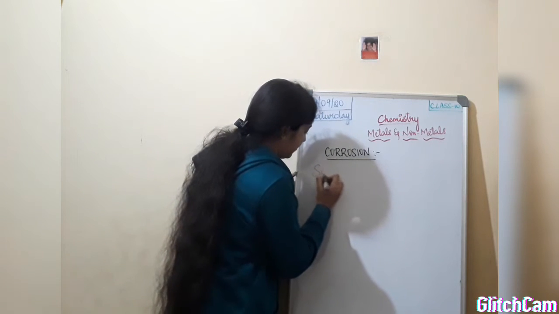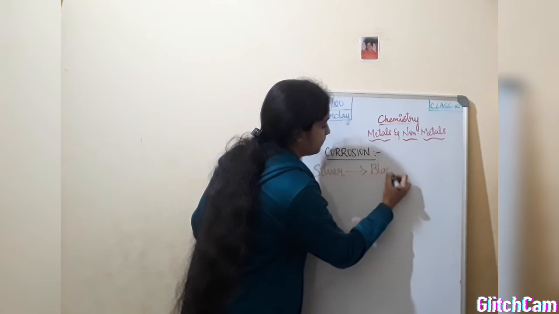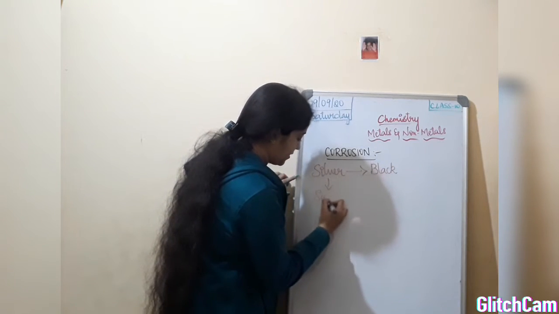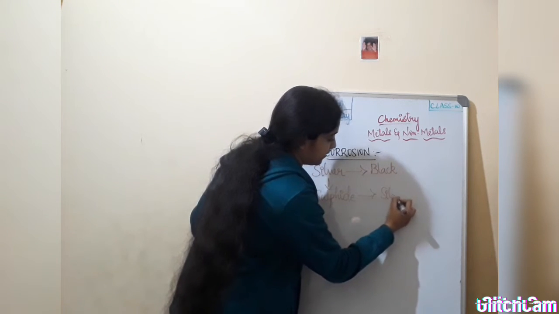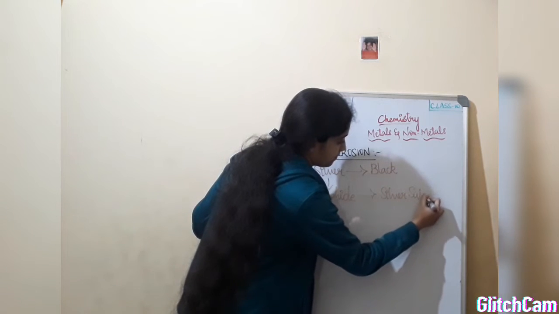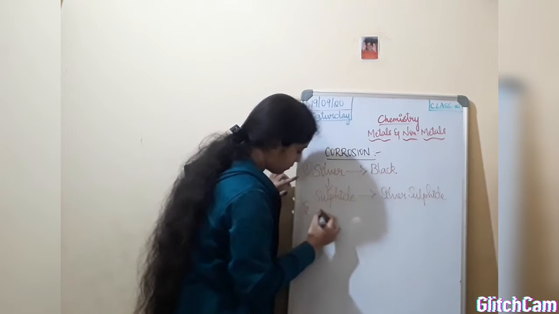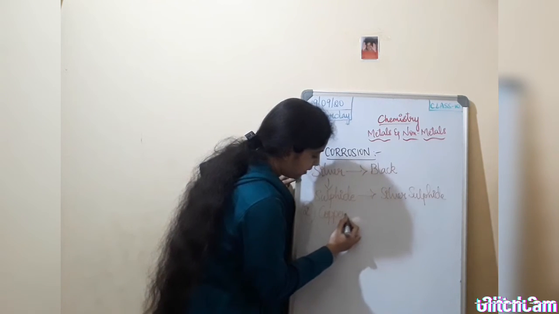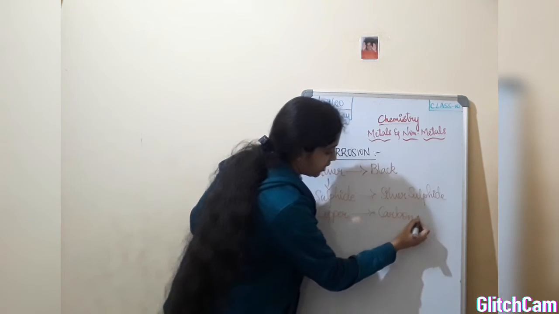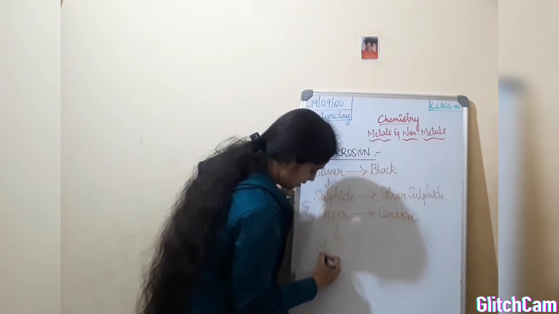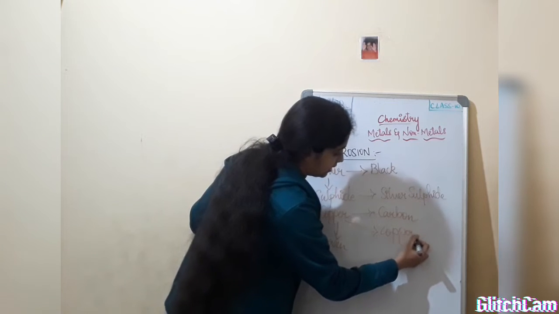Silver turns black in color when it reacts with sulfide present in air and forms silver sulfide. Copper reacts with carbon dioxide present in nature and forms copper carbonate, which is green in color.